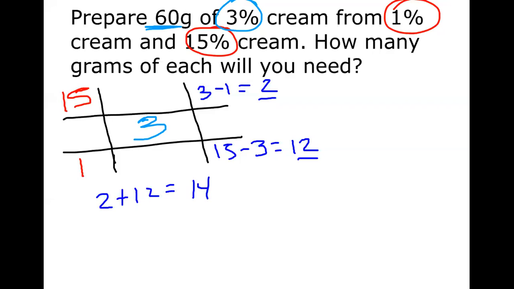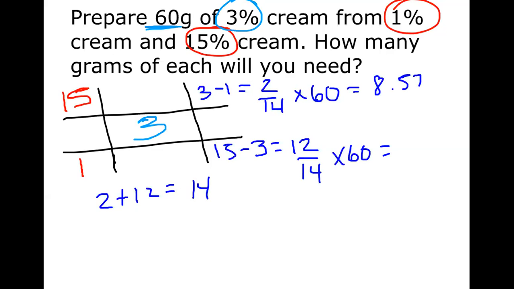And then you would go ahead and do 2 divided by 14 times 60, and then 12 divided by 14 times 60. And this one gives you 8.57, so rounding it off to 8.6 grams.